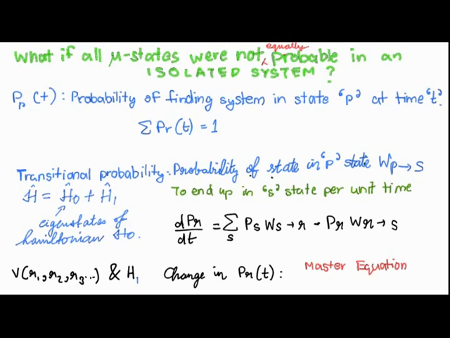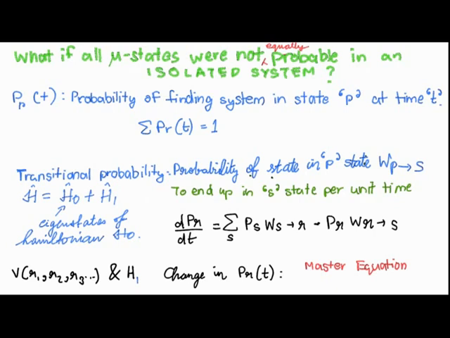Okay, so the question is, suppose you have an isolated system, and if all microstates were not equally probable in an isolated system, what can we say about that system? It's isolated, and all microstates are not equally probable, which means it's in non-equilibrium. And the question is, how are these probabilities going to evolve?